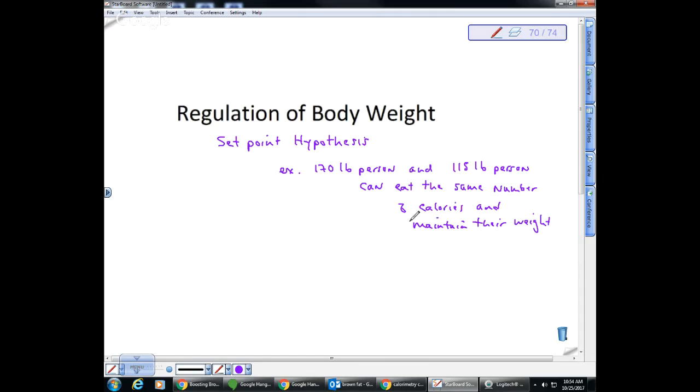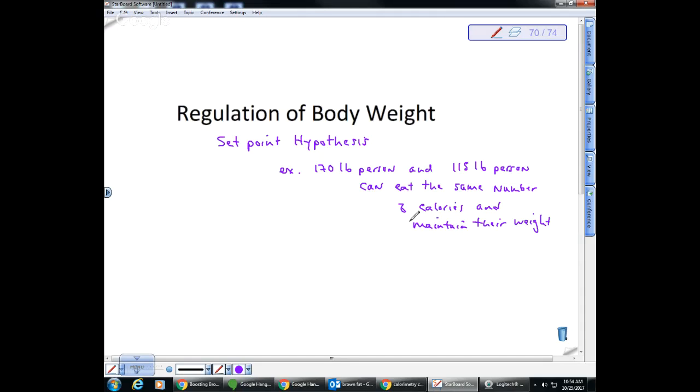So it's not necessarily that a person that's 170 pounds is eating a lot of food to maintain the 170 pounds. We kind of all know this intuitively, that you get to a weight and you just kind of stay there. You might be frustrated because you're trying to lose weight, right? But you kind of just stay there.